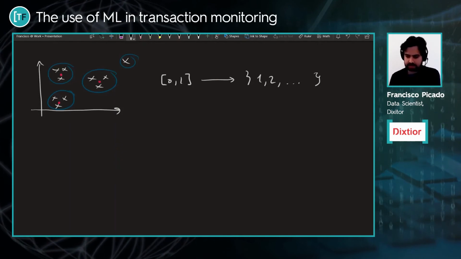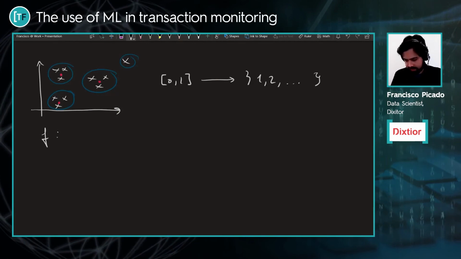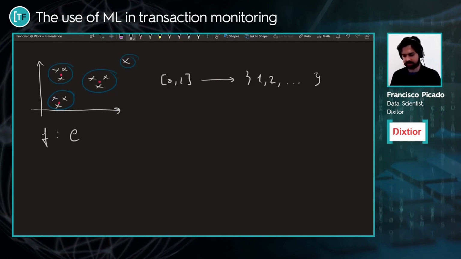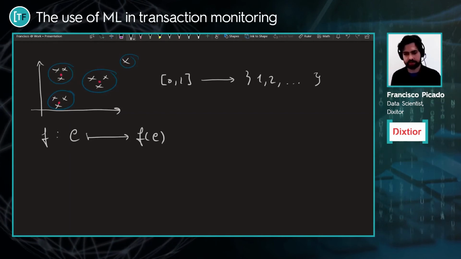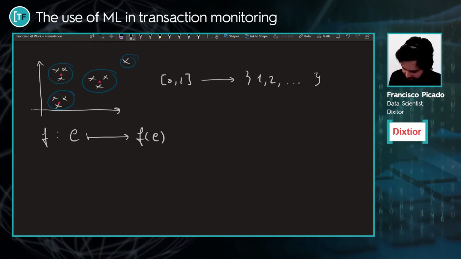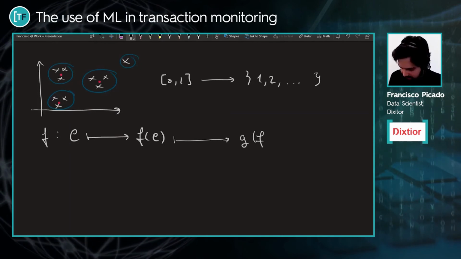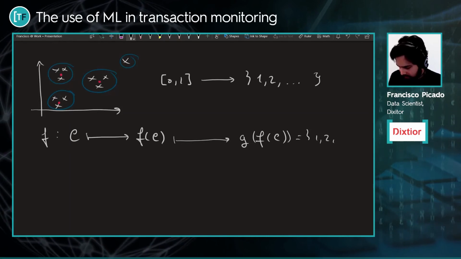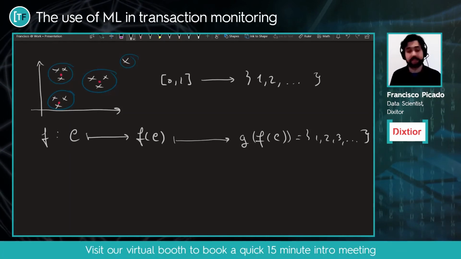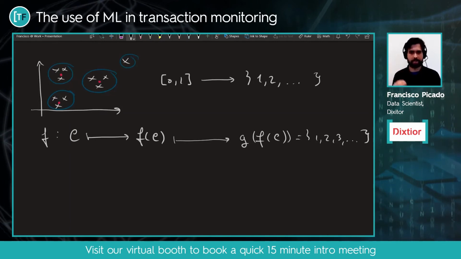Now we have a function that picks a cluster and attributes it a risk between 0 and 1, and then it goes through another function that takes that output and converts it into a number in this set over here, so that we know if it's high or low.